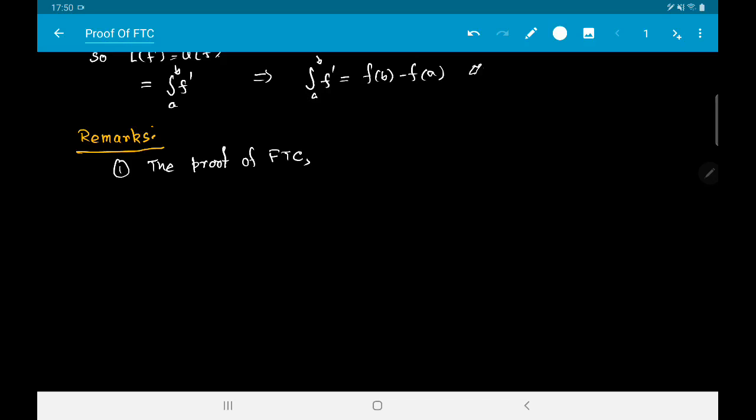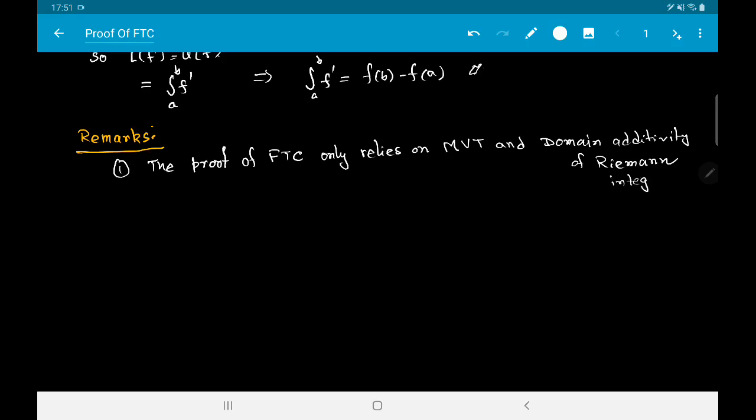So the proof of the fundamental theorem of calculus only relies on our mean value theorem and domain additivity of Riemann integrals. Nothing more, nothing less.